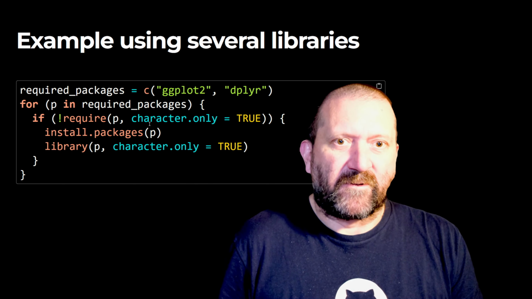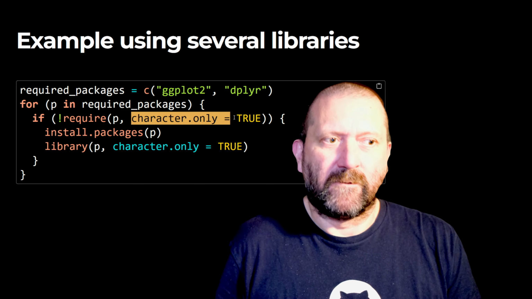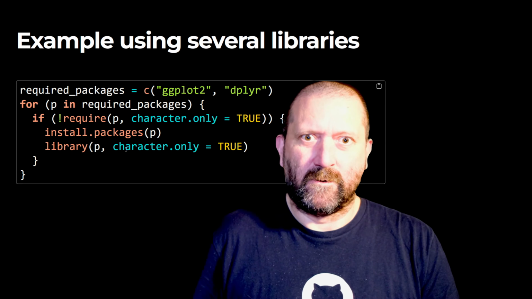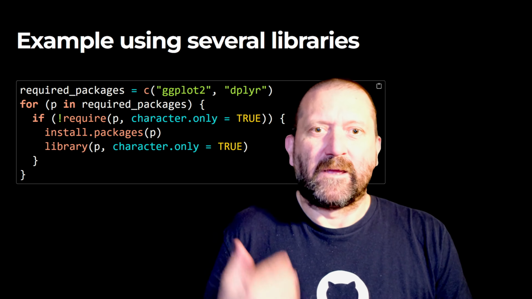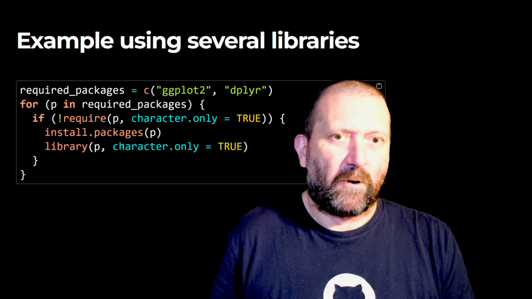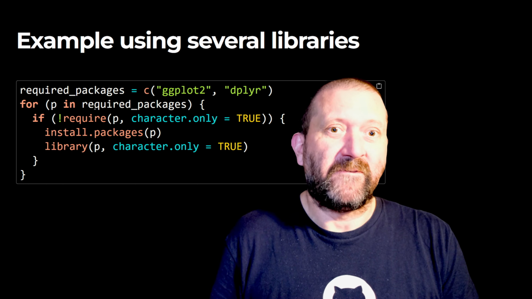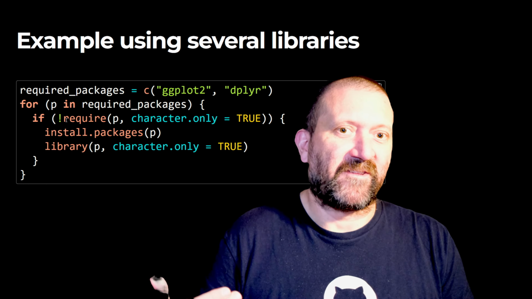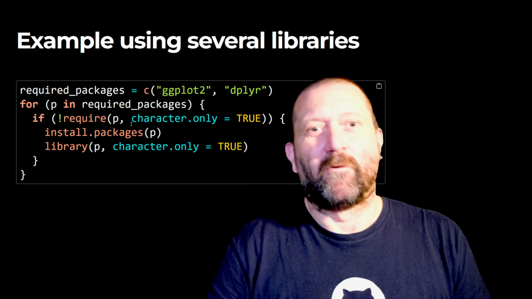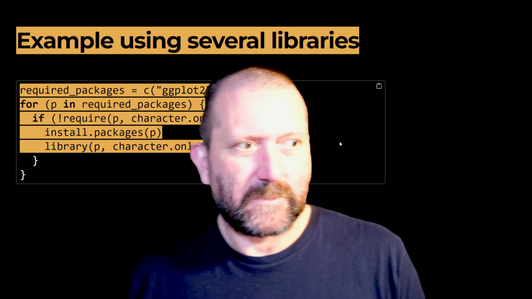If it doesn't work, and here require also needs the same option, character.only equals TRUE, as we saw before in the library. So if that fails, install that package, and once you've installed it, load it. Otherwise, this means it has worked the first time around, and the library was already there, and therefore there is no need to install it.